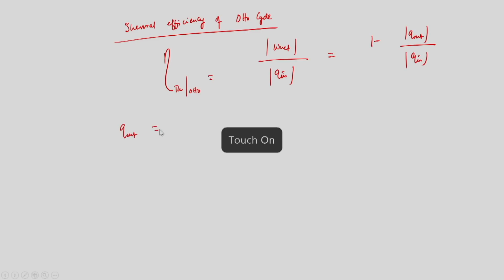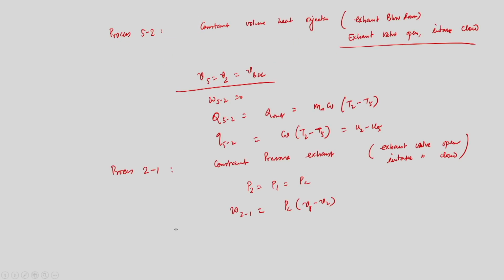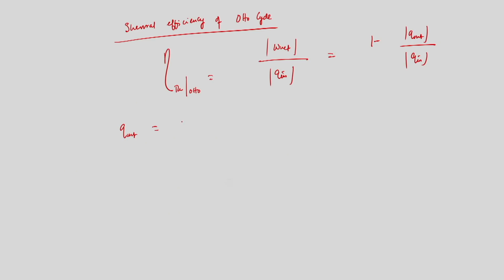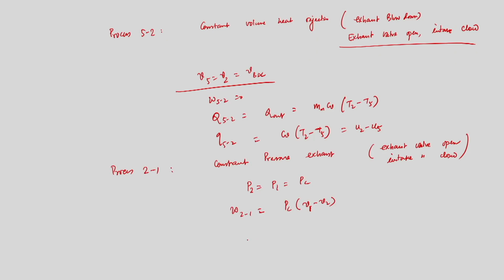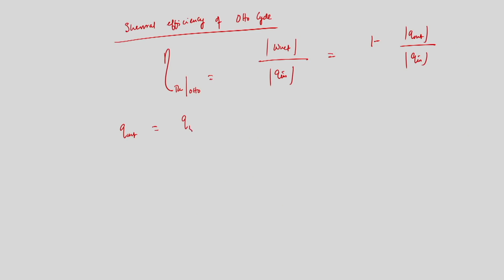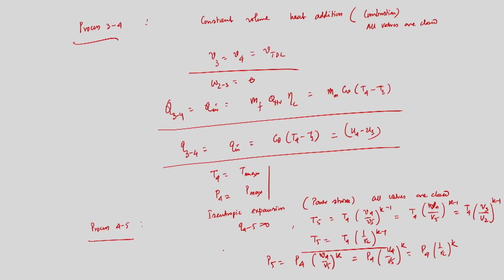From that we have calculated Q out is Q5 to 2, that is equal to Cv into T2 minus T5, and Q in, Q3 to 4, is equal to Cv into T4 minus T3.